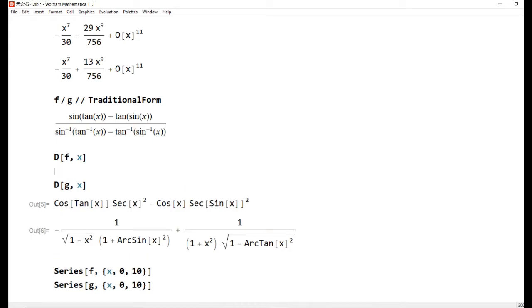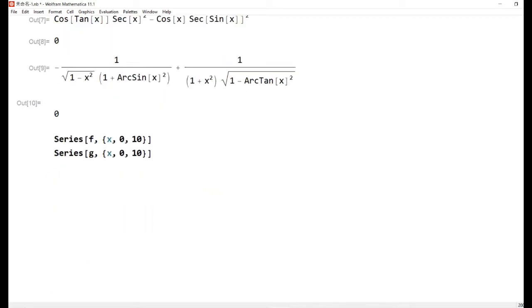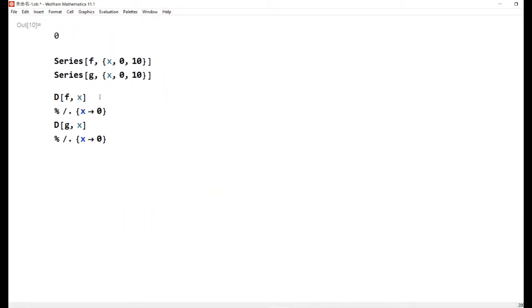However, if I plug in x equals 0, then I got answer 0. So this tells us that I need to do the differentiation again. I need to do the twice differentiation. Okay, so what I will get is this.